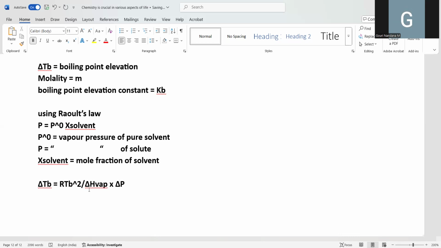Here R is the gas constant. TB is the boiling point of the pure solvent.